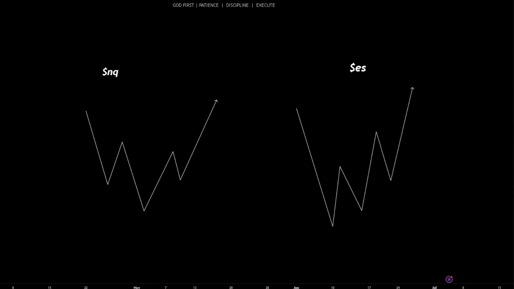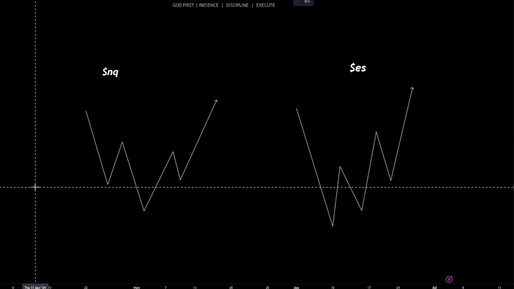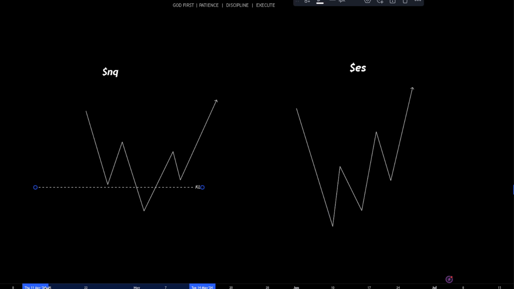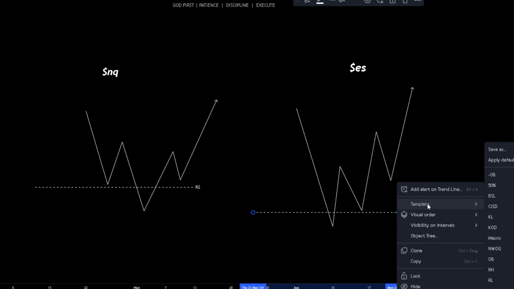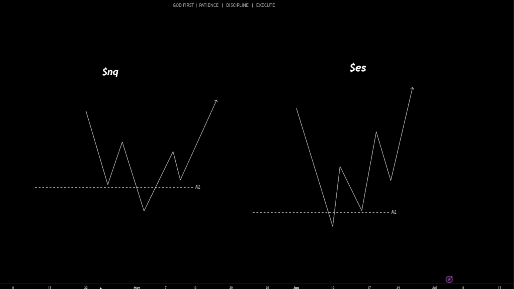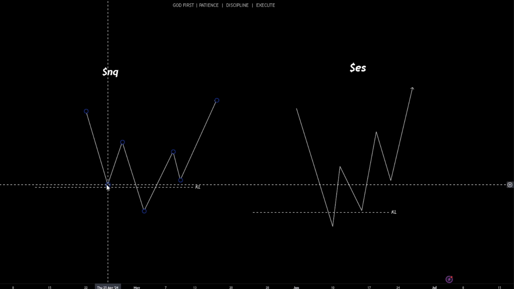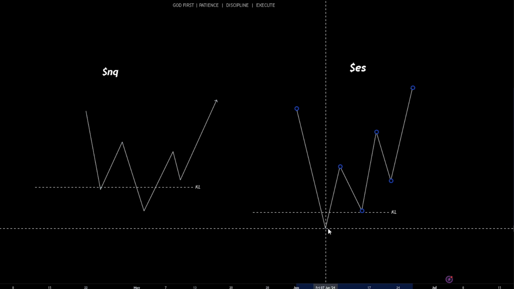So boom. And then we tap inside of a key level to make it the highest probability. So it'd be like this. Key level, key level, and then our SMTs are right here. Boom. NQ took this low. Wow, ES didn't. So this is our SMT right here.